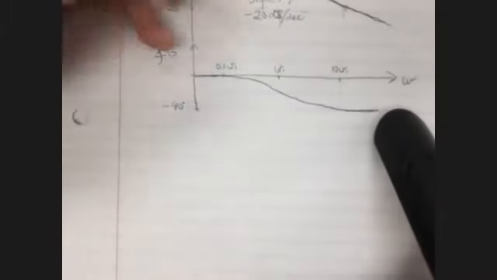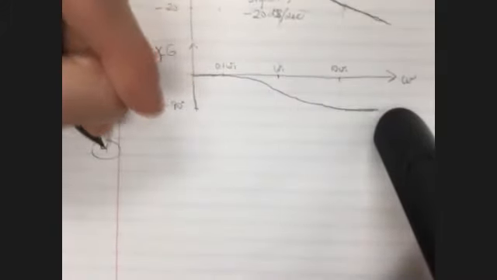So let's do number 4. Rather than the pole, let's do a zero at the origin, since we did it in that order. So if we just have G of j omega equals j omega.